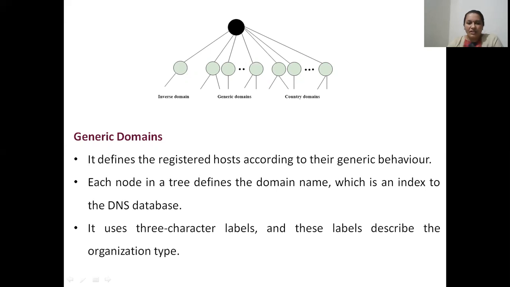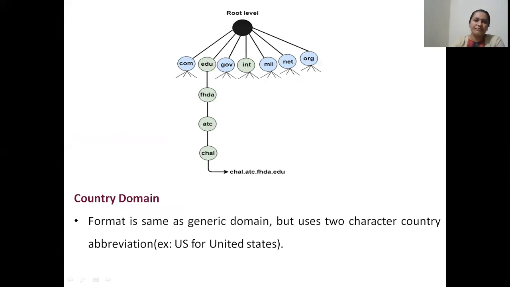Each node in a tree will define the domain name, which is directly indexed to the DNS database. The generic domains use 3-character labels, and these labels generally describe the organization type.